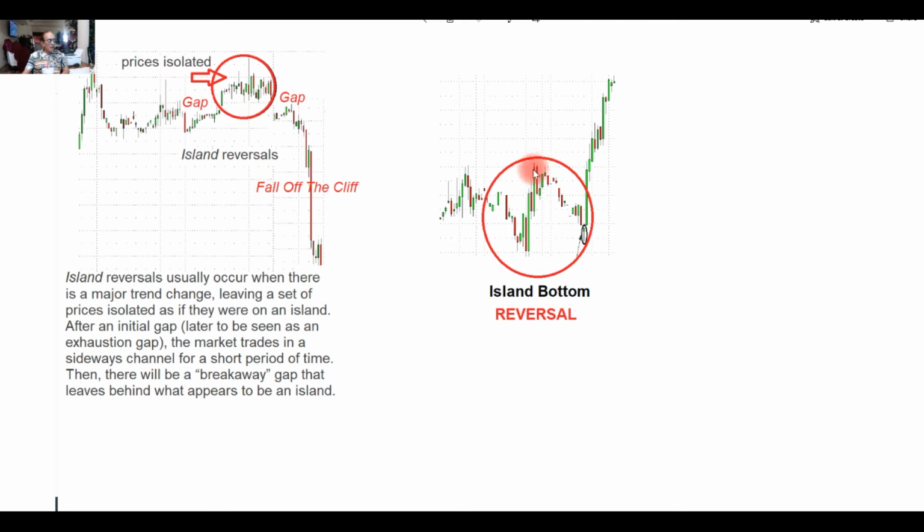A day later it drops again, and they continue. When you get down here, here comes a little gap. It's a lower price than the previous one, but it ends up higher, and then it finally breaks out and takes off. So this is an island bottom reversal, and of the two, one is going up and the other is going down.